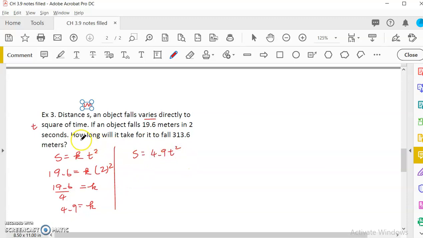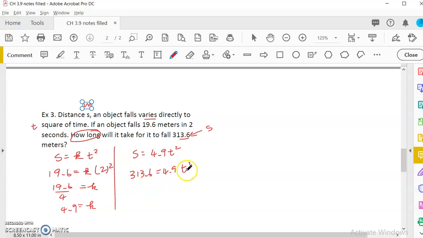Now we use it to solve. How long would it take the same object to fall 313.6 meters? We have to solve for t this time, which is a little different. We know s, so 313.6 equals 4.9 t squared.